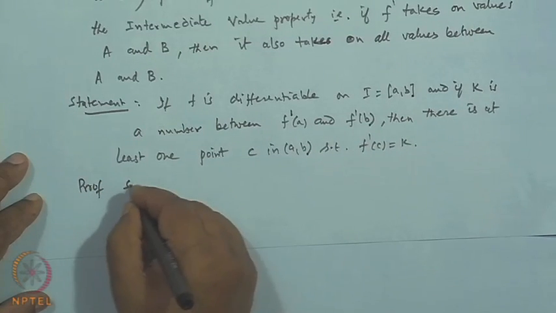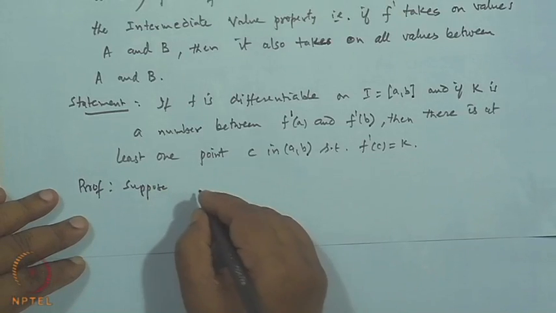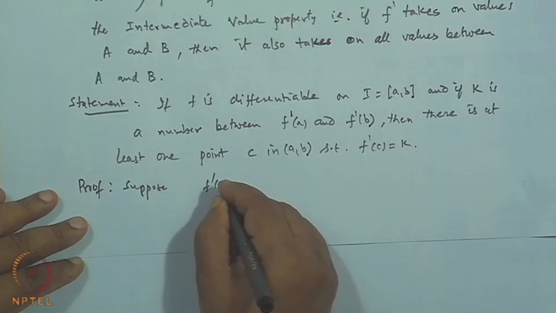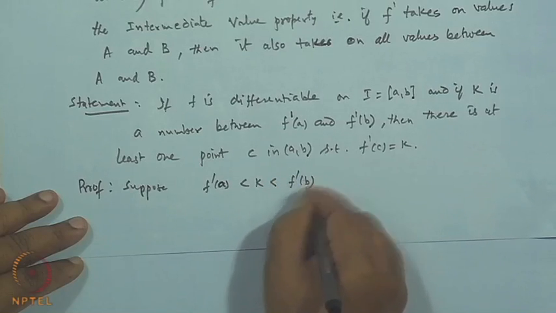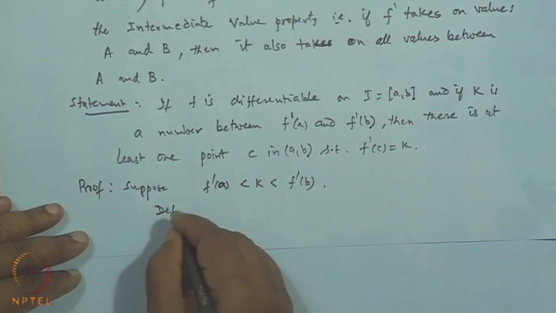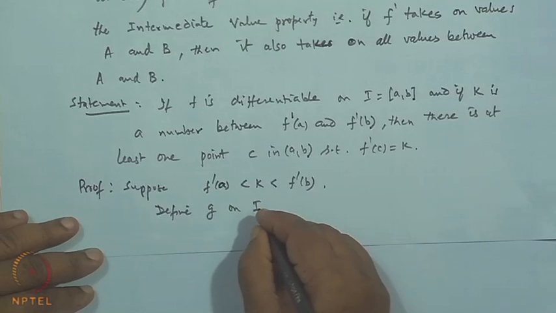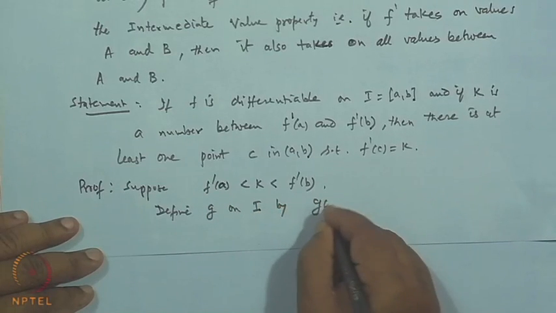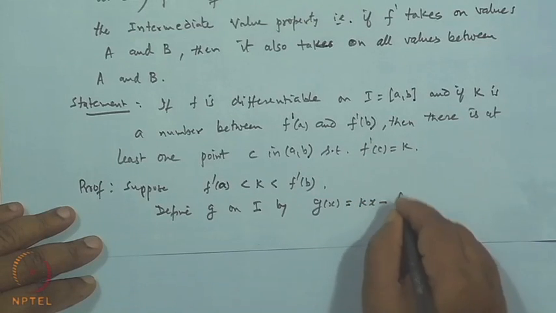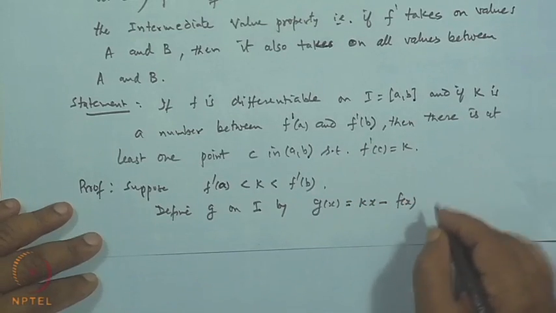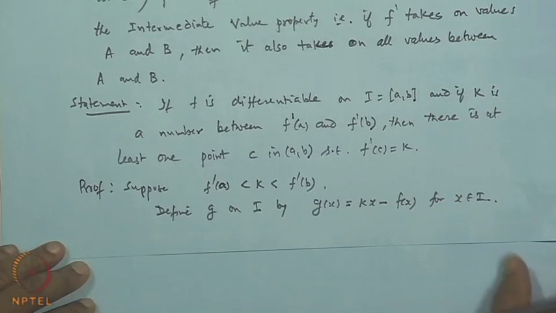Suppose that k lies between f prime a and f prime b. Okay. Now, we define the function g on I by g(x) equal to kx minus f(x) for x belonging to I. Let us define this.